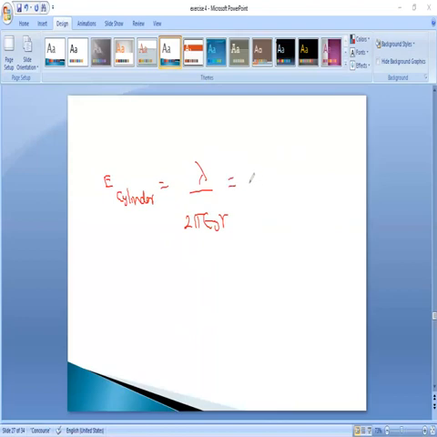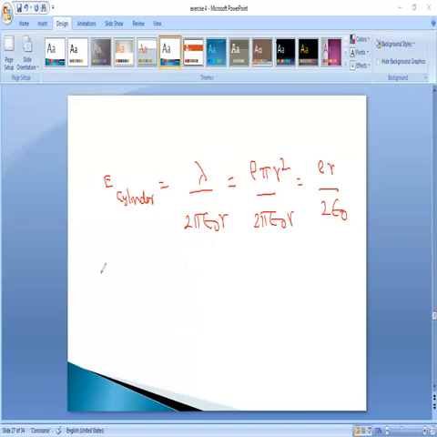Rho means volume charge density and lambda means linear charge density. So lambda is rho into area, that is pi r square, by 2 pi epsilon naught r, and finally this will be rho r by 2 epsilon naught.